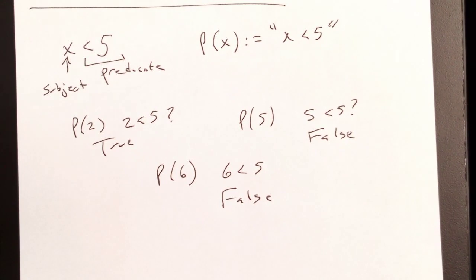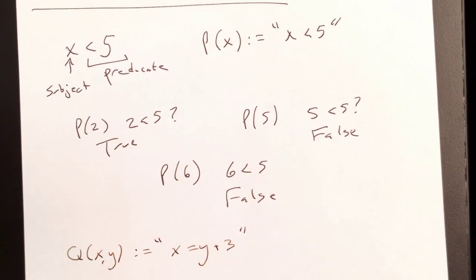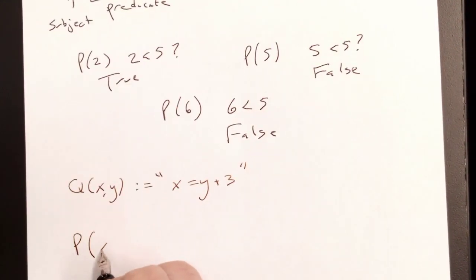I don't have to have one variable functions. That's a two variable propositional function. And now I would have to give values for both X and Y for me to know whether the result is true or false. I can have as many variables as I want. An n variable propositional function.